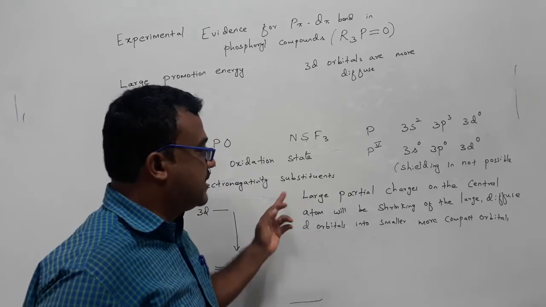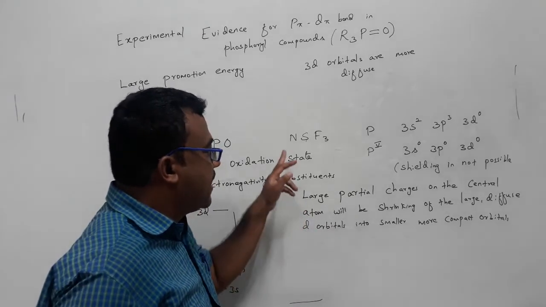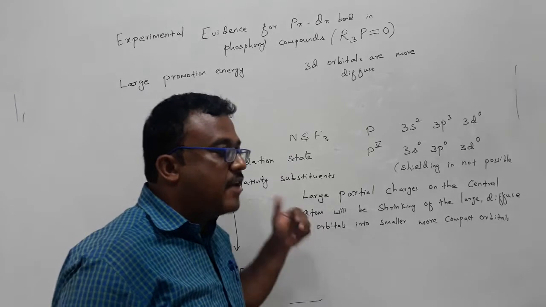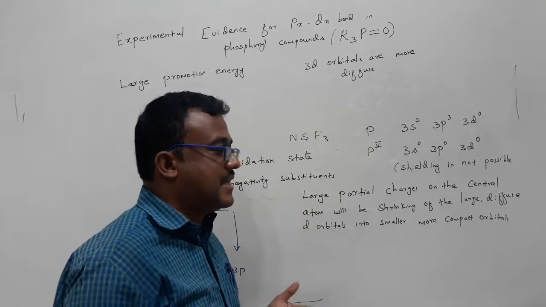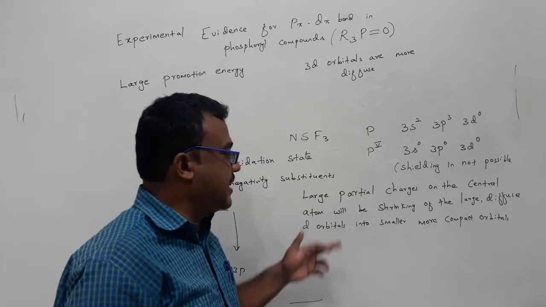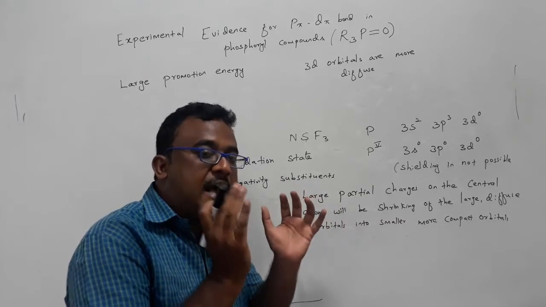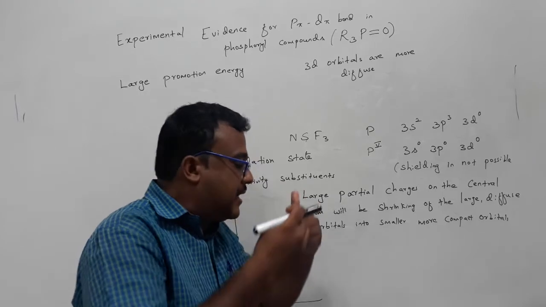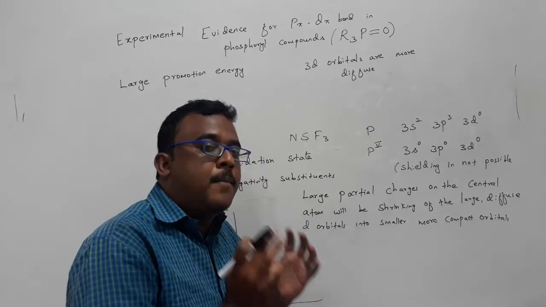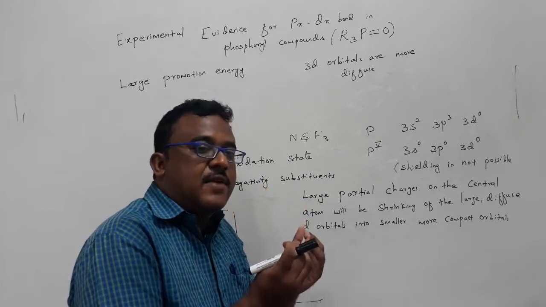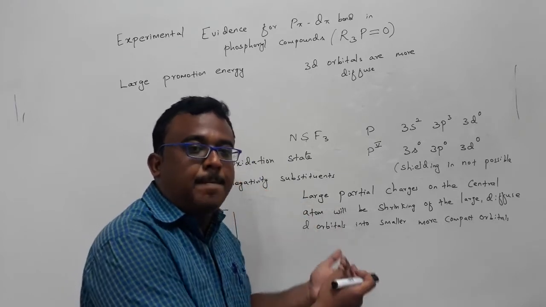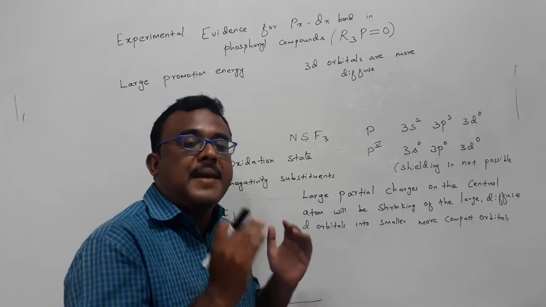Or you can say that because of these two reasons, the large partial charges, created by the higher nuclear charge through the inductive effect, the large diffuse d orbital will be shrunk into a more compact orbital. Now that can be very effective in overlapping with the neighboring p orbital to form p pi d pi bonding.